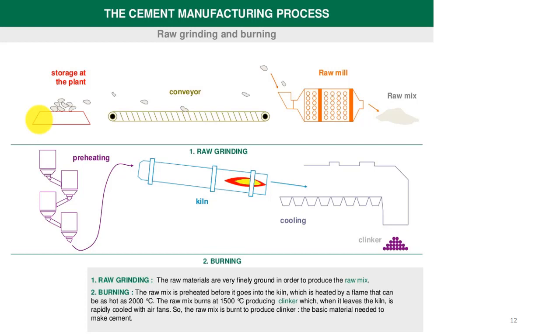On the other hand, the argillaceous material, which contains the silica, alumina, and iron content, is separated by means of preheating.